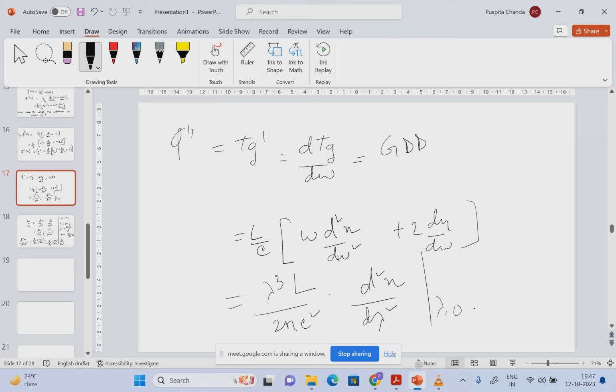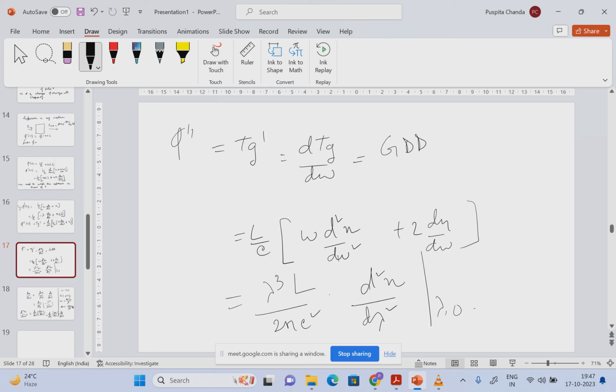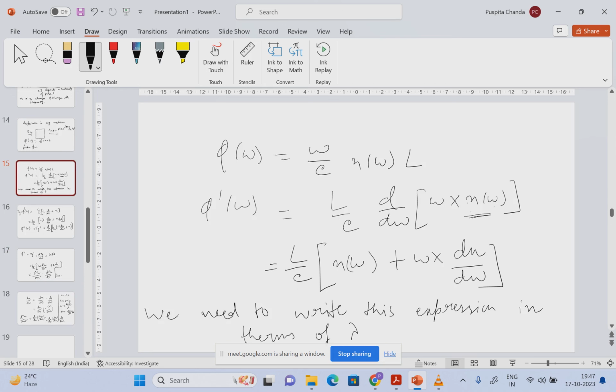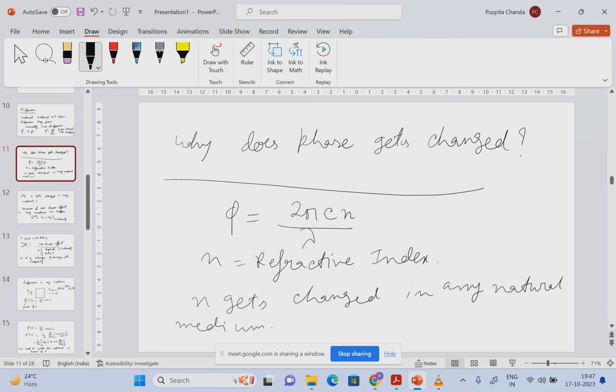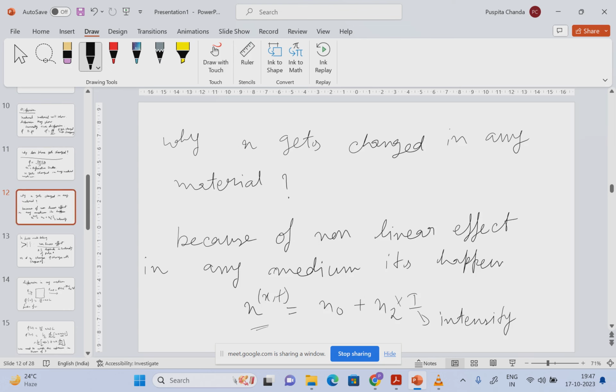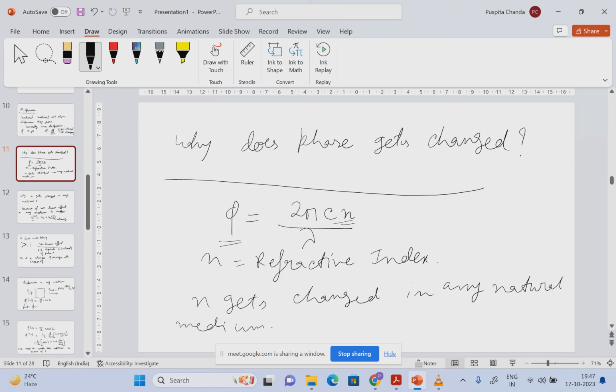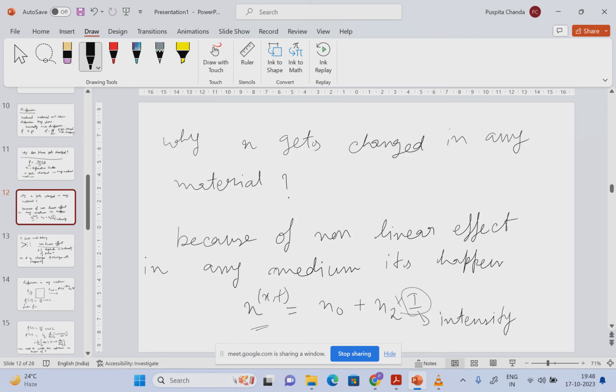So you may ask that here I am writing phi depends on n, and n depends on I, intensity. But I'm saying that phi changes with frequency, so n should be dependent on frequency.